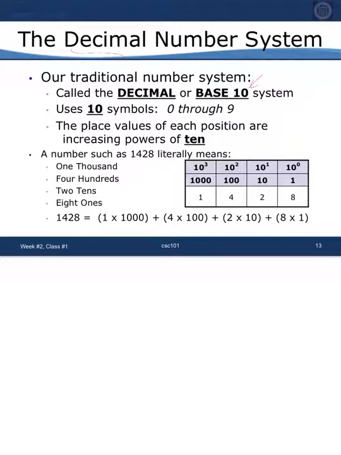What are the hallmarks of our numbering system? Well, we use 10 symbols, which shouldn't be a surprise because we're using a base 10 system. So we'll see 10 all over the place in this slide. But anyway, we use 10 symbols. And of course, we know them to be the numerals or the digits, you could say, 0 through 9. There's 10 of them.